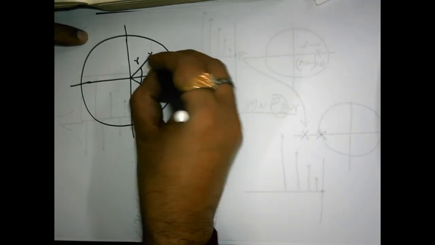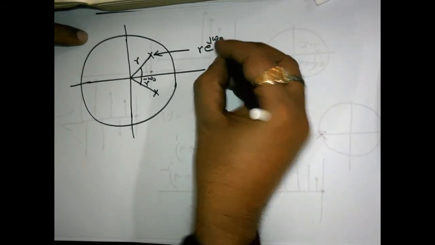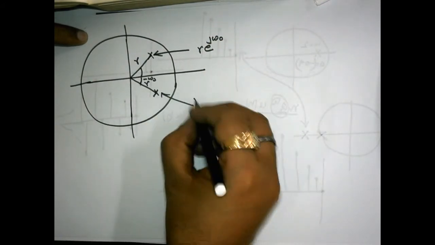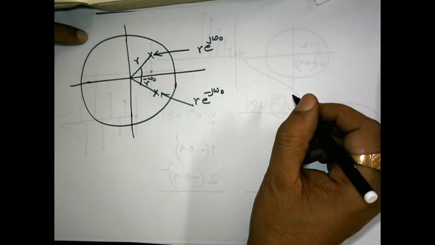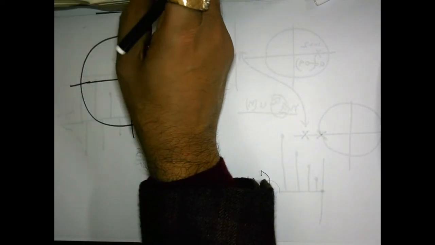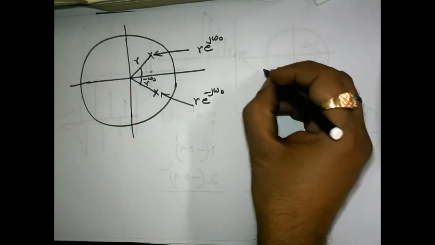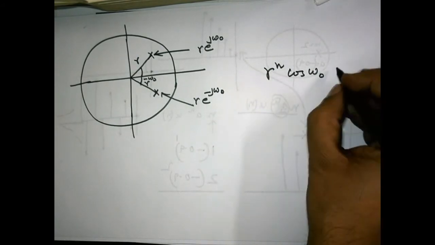So the location of this pole was r e^(j omega 0), and the location of the other pole was r e^(-j omega 0). Which signal did we obtain from this kind of pole? The signal was r^n cos(omega 0 n) u[n].